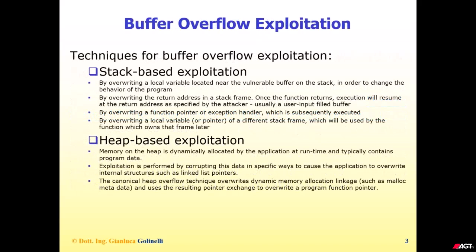Two types of buffer overflow can occur, that is, memory stack or heap overflows. Entering into detail the mechanisms behind these two types of buffer overflow goes beyond the scope of this discussion.